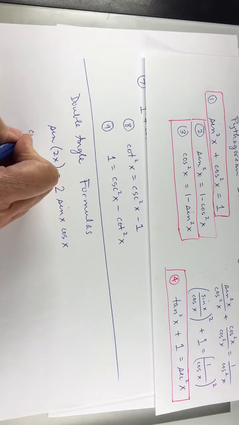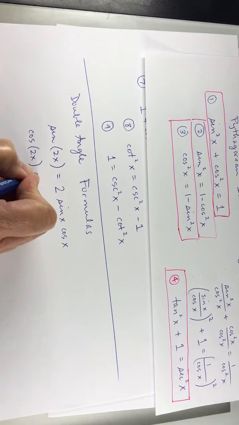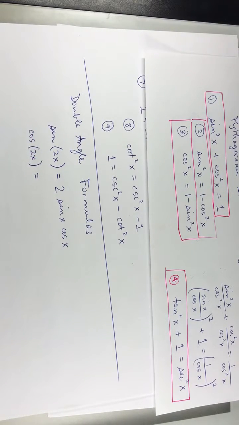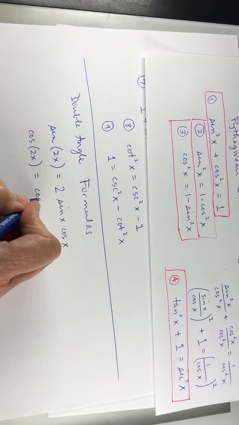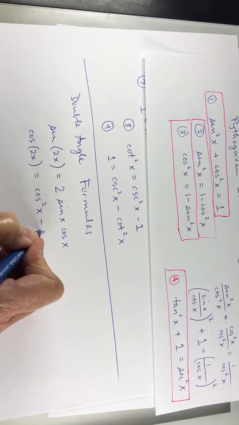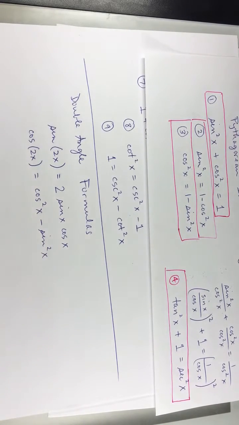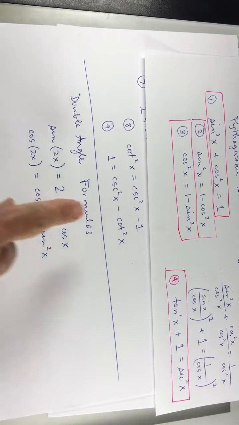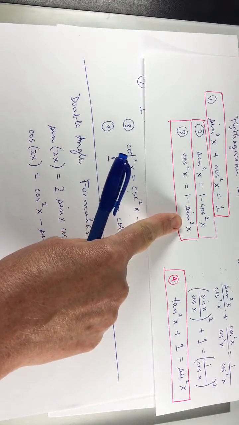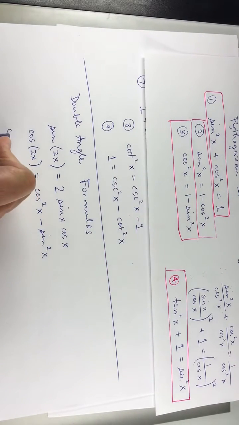And then cosine 2x, there are 3 versions for cosine 2x, and one of them is cosine squared x minus sine squared x. If I use my Pythagorean identities to substitute in here, if I use that one for cosine squared x, which is 1 minus sine squared x, I might do that on the side.